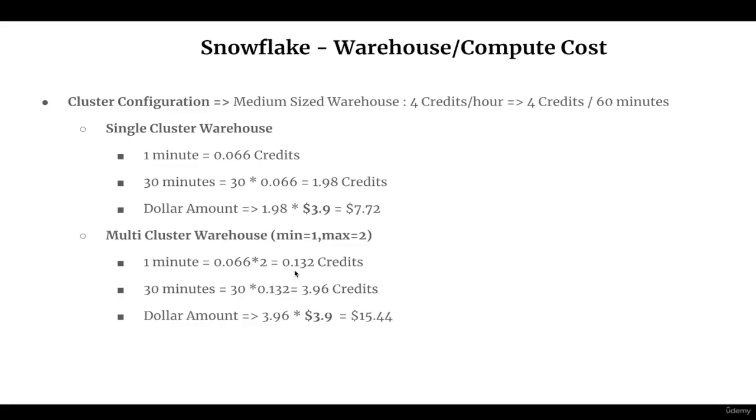In that case, it's going to be costing you 0.132 credits. And let's say it ran for 30 minutes. It's going to cost you 30 times 0.132, which is 3.96 credits. Now the dollar amount is 3.96 times $3.9, which is exactly double of a single cluster warehouse. So that's how you estimate the cost of running your virtual warehouse.